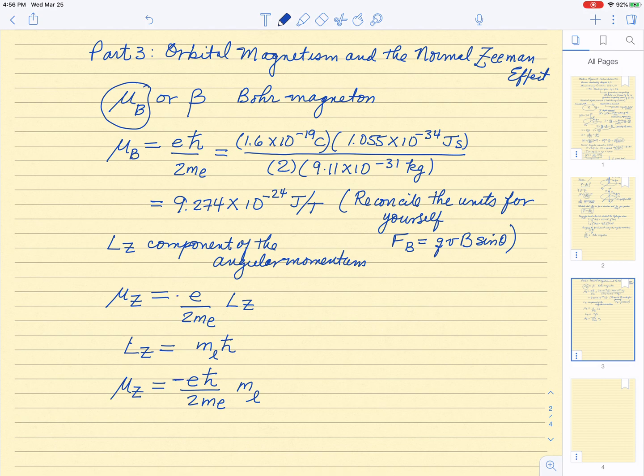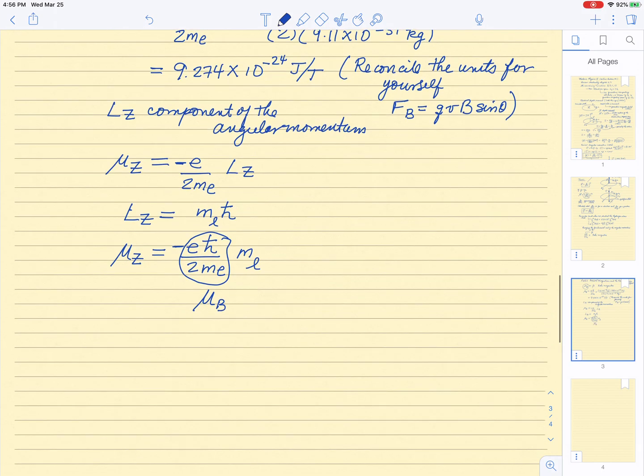It's the charge on the electron, so that's negative. And so what we have here is the Bohr magneton. And so then we have that the z component of the magnetic moment is going to be negative the Bohr magneton times m sub L. And that's worthy of a box as well.